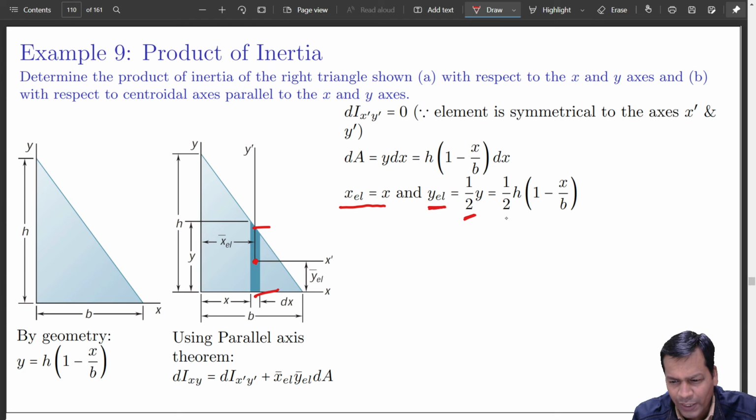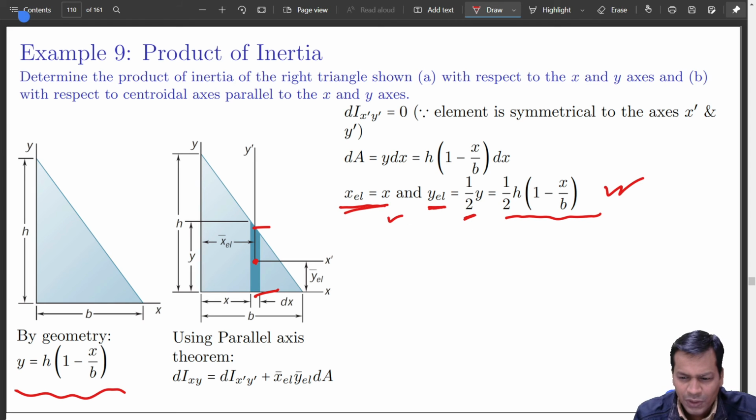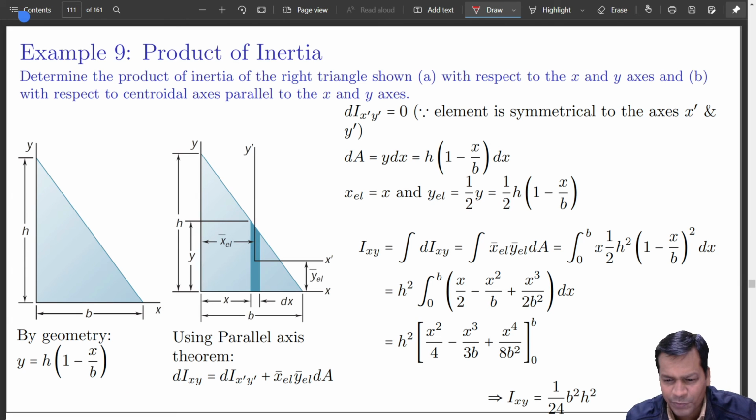So x el, y el are known, and I am going to substitute them here.